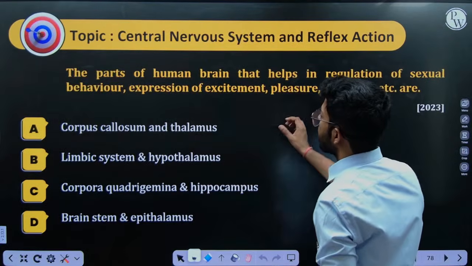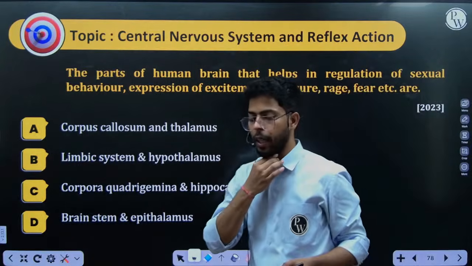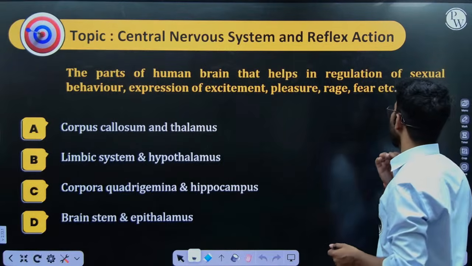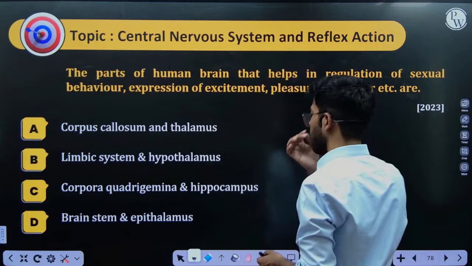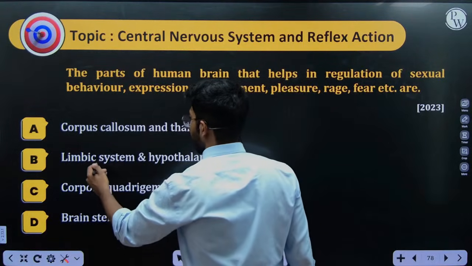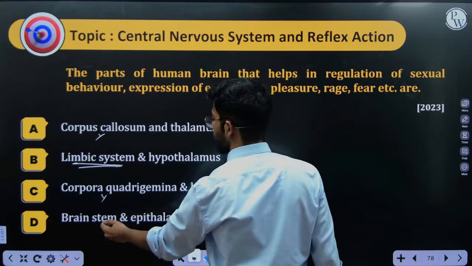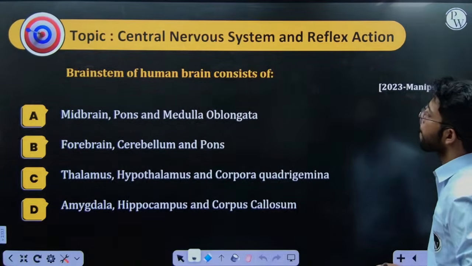Now the parts of the human brain that help in regulation of sexual behavior, expression of excitement, fear, pleasure, rage, etc. are the limbic system. There is no corpus. This is along with the hypothalamus.